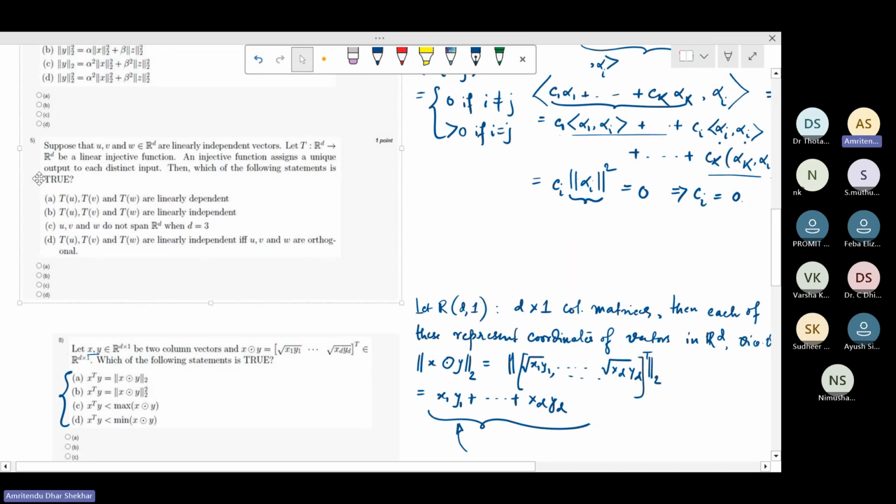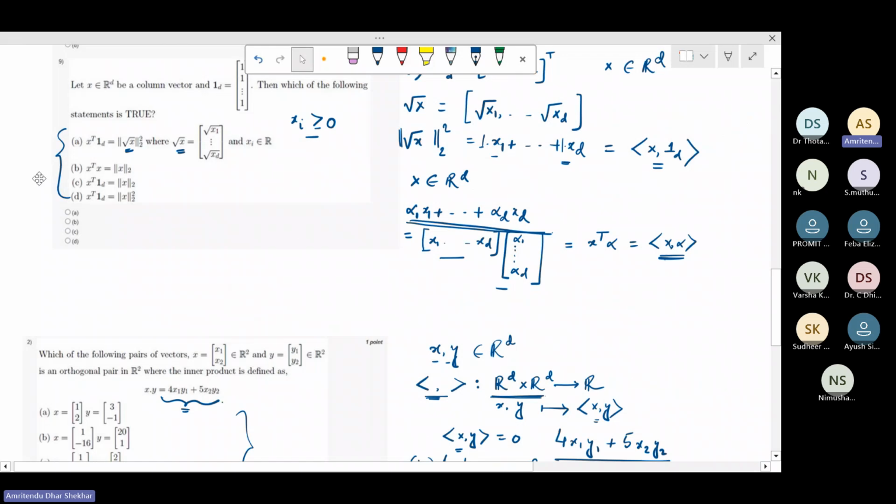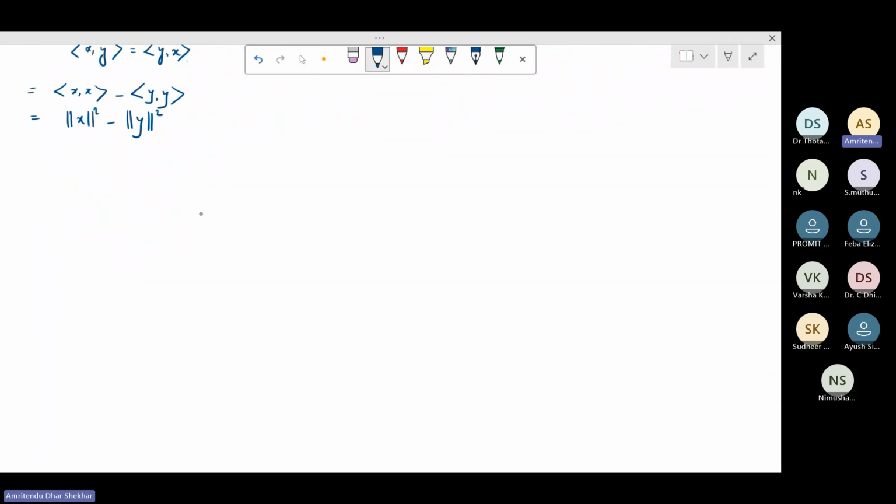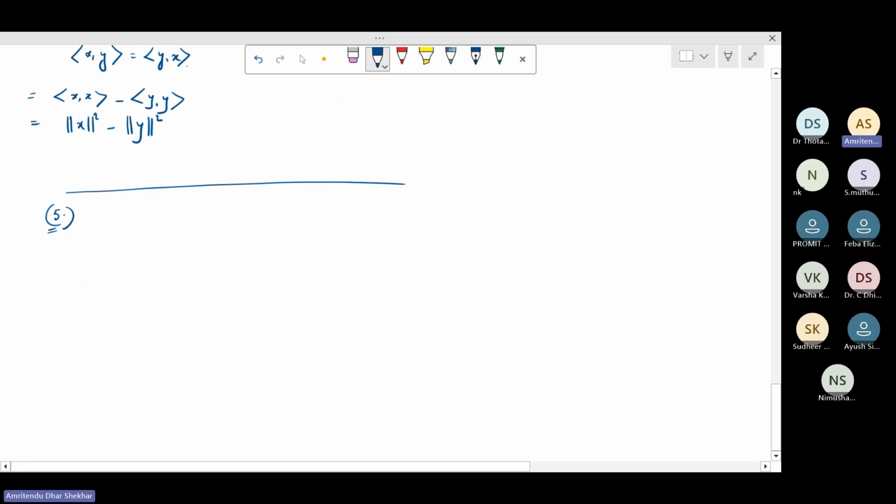Okay, so let's look at this question 5. I'm going to use this space over here. Again, this is like a generalization of the problem.